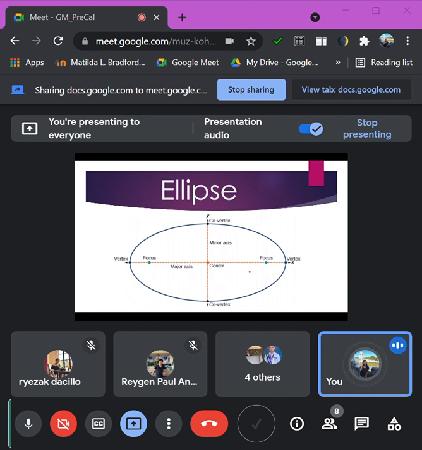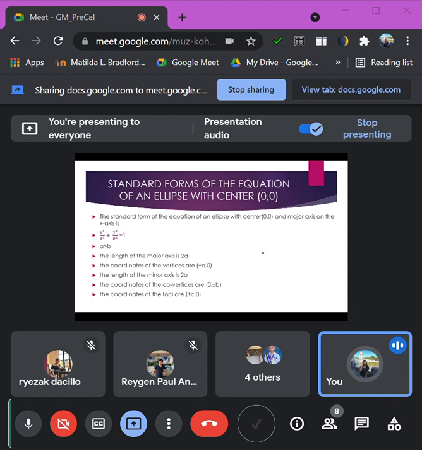So, why 0, teacher? Because our center is the origin, class. Meaning to say, it lies here, and then our y is 0. That's why you see there it could be negative or positive, depending on what is given. Okay? So those are the coordinates of the vertices.